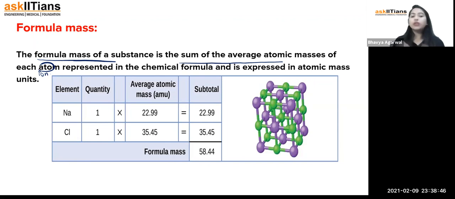Right? So it is because of that reason I have changed it to ions. Now, this is valid for any substance which in itself is an ionic compound. It is valid for every single substance which is an ionic compound.